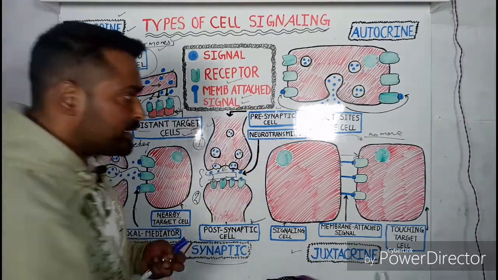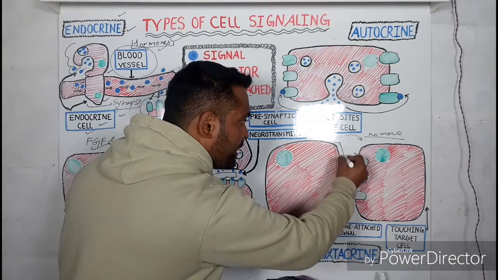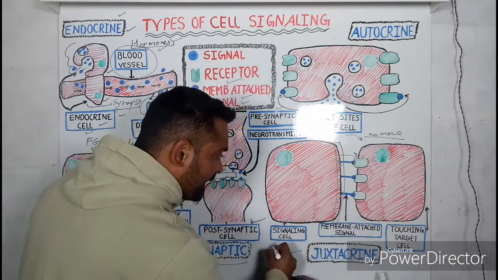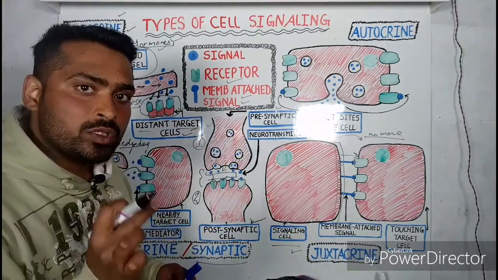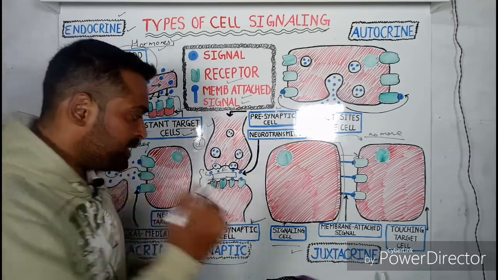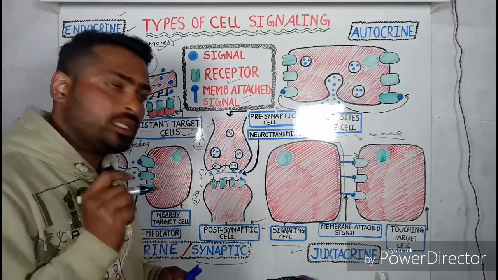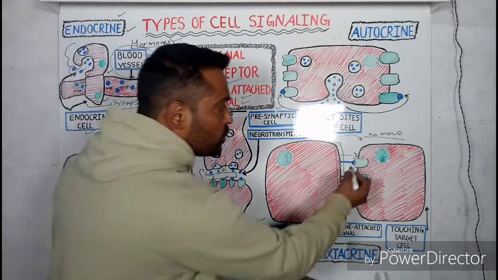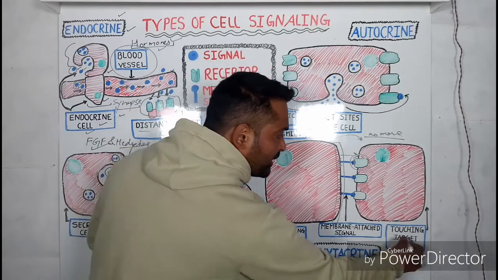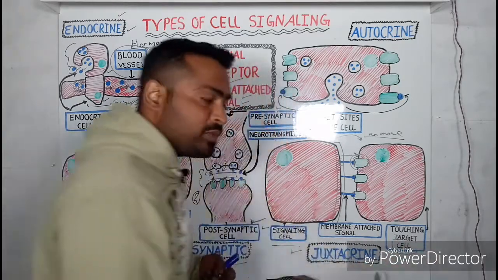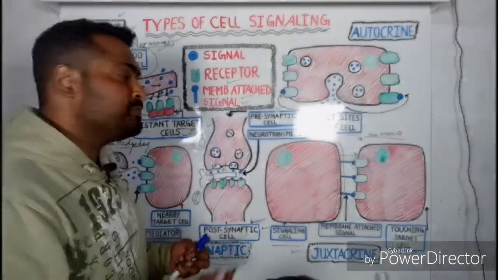The signal here is attached to the membrane of the signaling cell, and that membrane-attached signal is making direct contact with the receptor of the target cell. So this becomes the touching target cell or the adjacent cell.